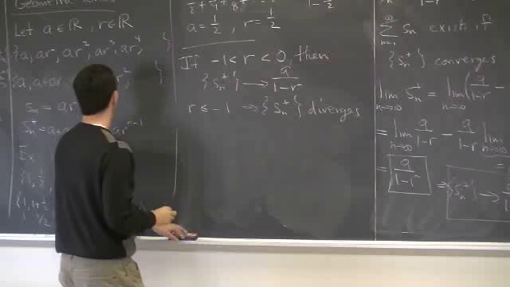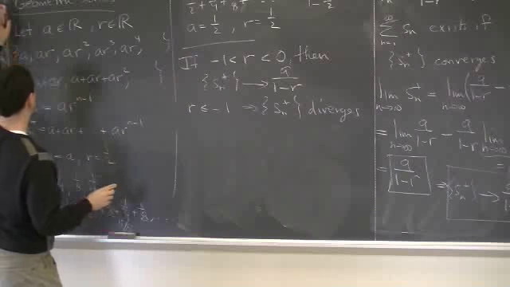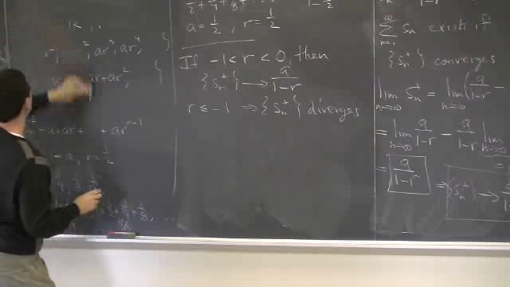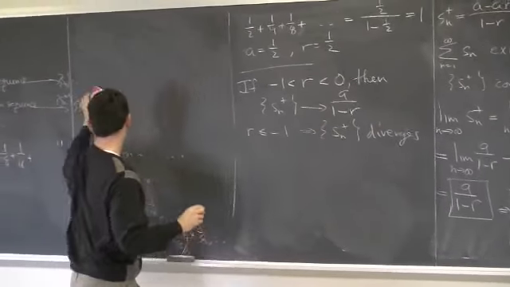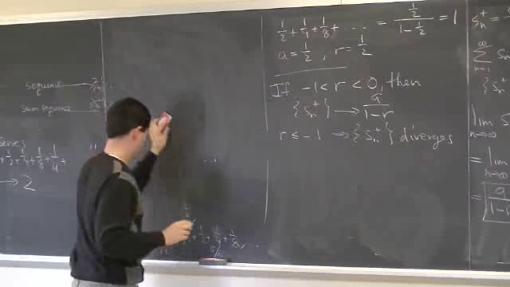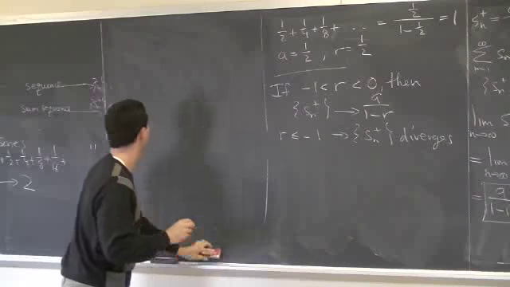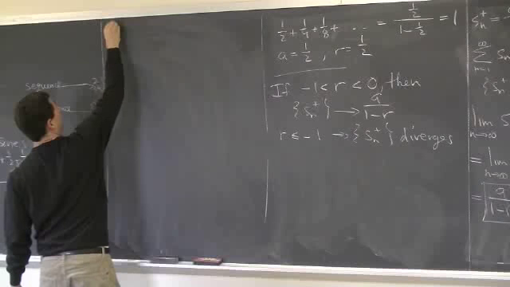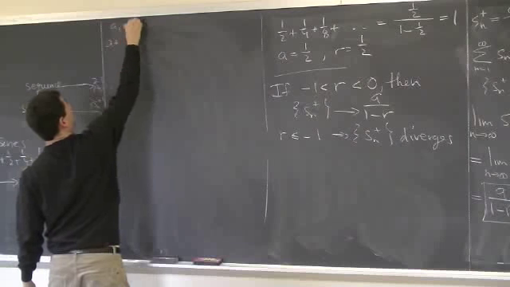So we can put this all together in one statement. Here we have, again, A and R are real numbers.